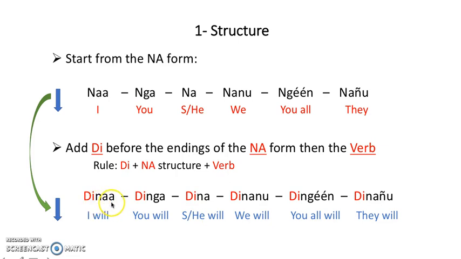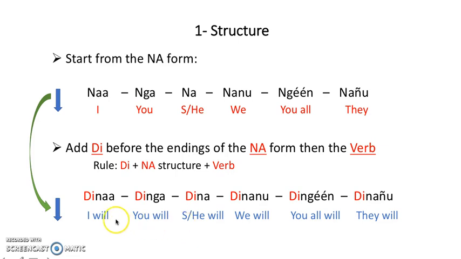Dina is with a long vowel, dina, and that refers to I. So dina, I will. And dina, the vowel is short, dina, so it refers to he or she.